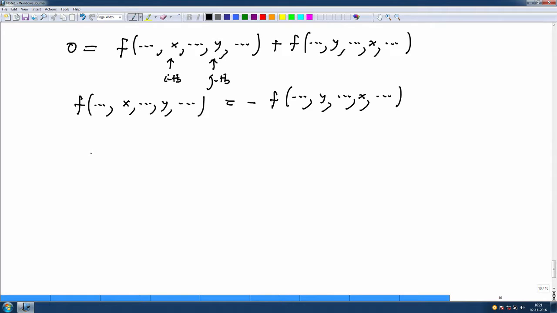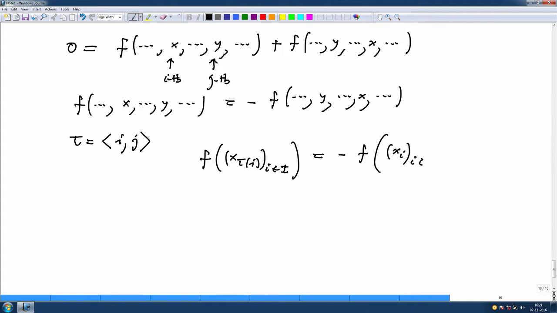That means we have proved that if I take any tuple and apply the transposition tau equal to (i j), then f of the permuted tuple x_tau(i), i in I, is the same as minus f of x_i. So we have proved that for any transposition, f of the permuted tuple is minus f of the original tuple.